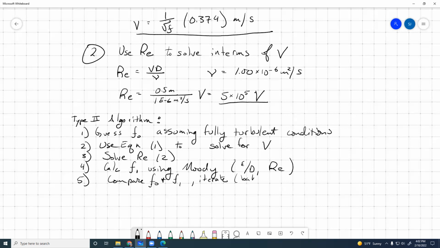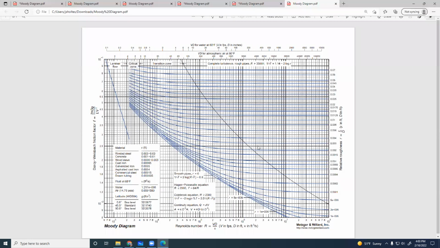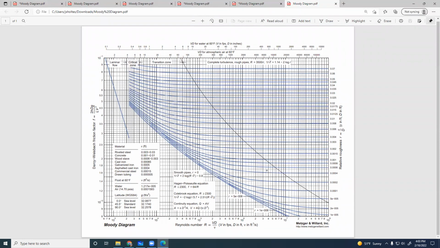For these problems, we're using a visual, a graphic, the Moody diagram. So if it's plus or minus, let's just look at the Moody diagram. Say our initial guess is 3.1, and then you iterate and it's 3.2.